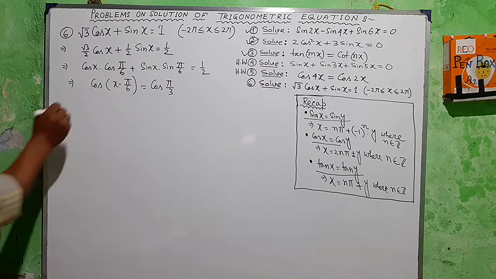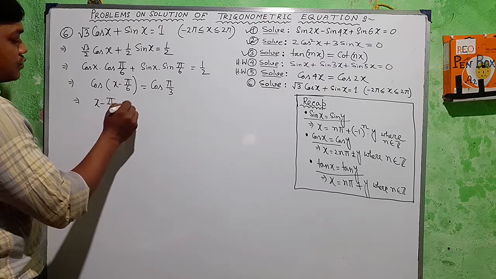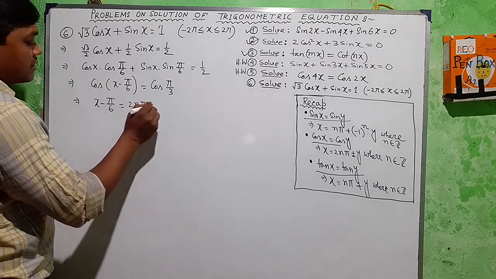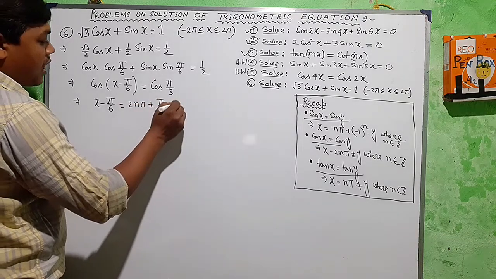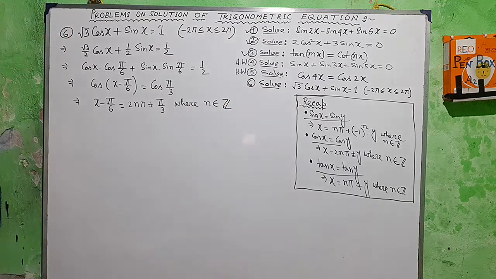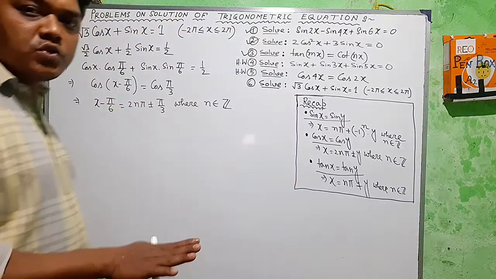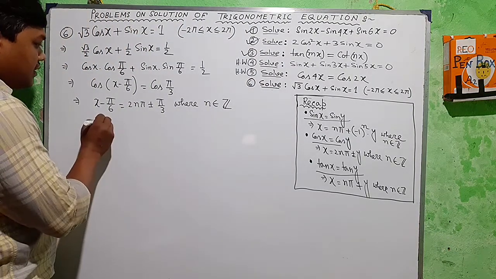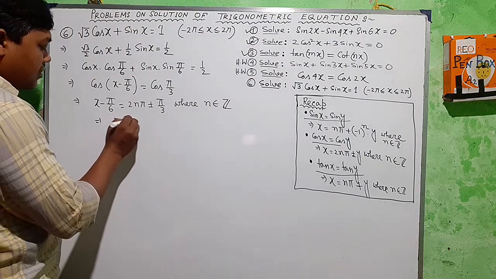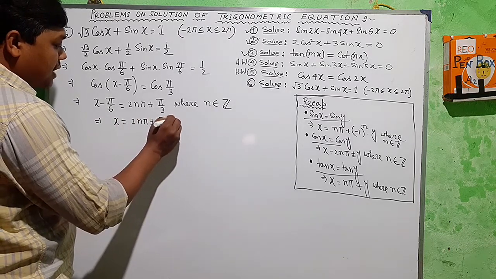So in general we can say that x minus pi by 6 equals to 2n pi plus minus pi by 3, where n belongs to the set of integers. That means n takes the value 0, plus minus 1, plus minus 2, plus minus 3, and so on. So now this gives x equals to 2n pi plus minus pi by 3 plus pi by 6.